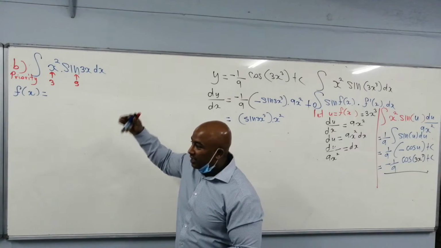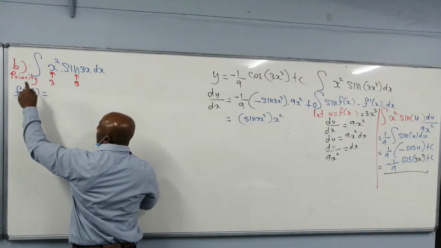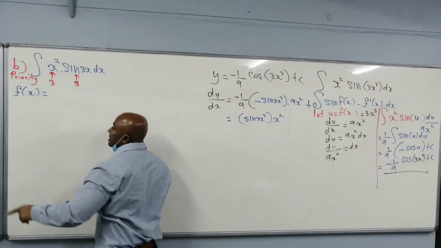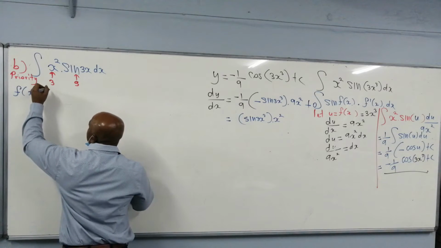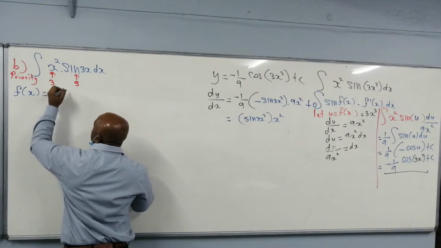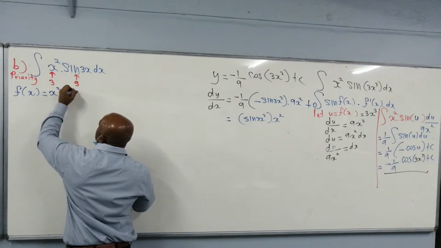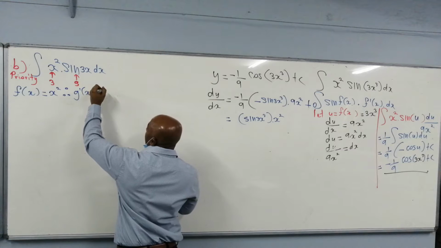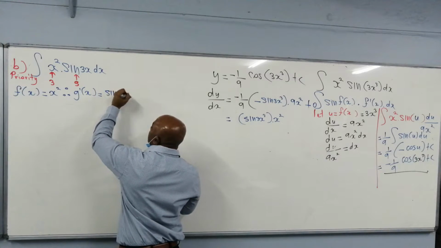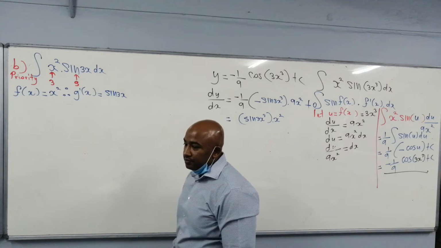Obviously, number 3. So therefore, number 3 is going to be f of x. The priority list is only for choosing f of x, nothing else. So that is my x squared. So therefore, g prime x is equal to the other one there, which is sine 3x.